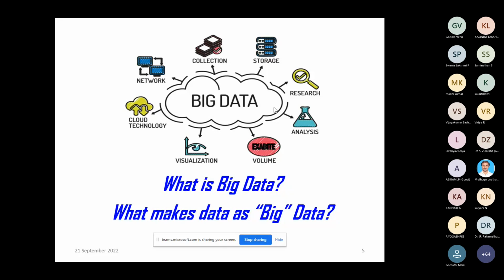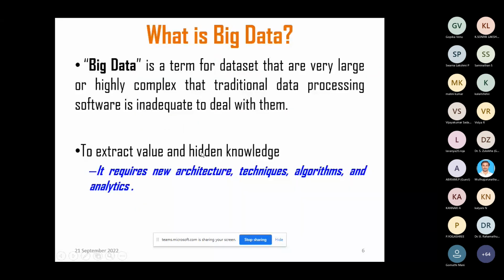So this is about what is big data and what makes data big data. Data is generated from different sources. It may be from a small mobile device, or generated through social media, or from other sources. Big data is a term that refers to a data set which is highly complex, one which is not possible to handle with the traditional resources available to us.